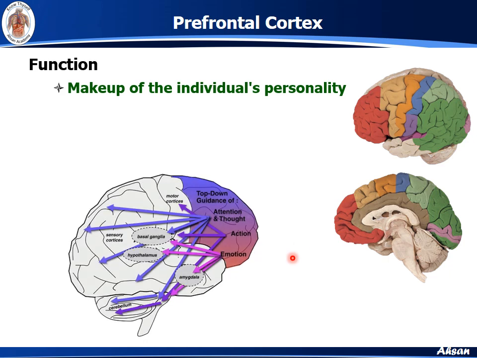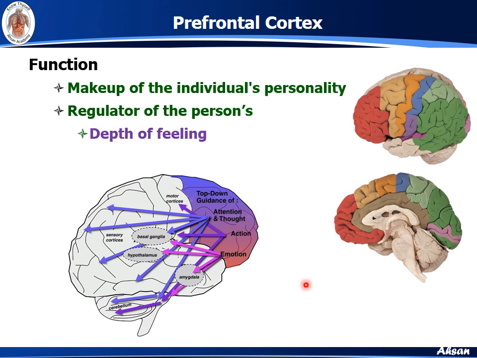Prefrontal area is an interesting area. It is connected to different parts of the cerebral cortex, and by this it performs an interesting job. It is responsible for the makeup of individual personality, which separates one person from another, and many a time we can relate the behavioral pattern and motor activity of children with their parents.